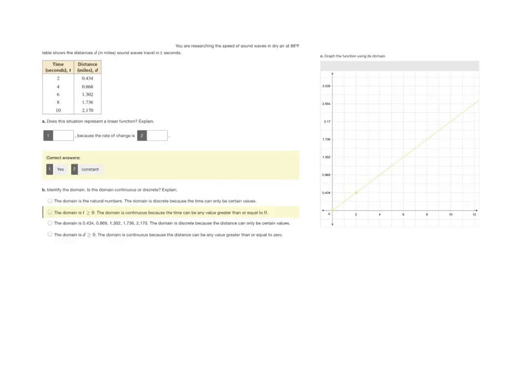Alright, I think this is number 37. You are researching the speed of sound waves in dry air at 86 degrees Fahrenheit. The table shows the distance in miles the wave travels in t seconds. Okay? So this is an input, output. This is our x, y. Does the situation represent a linear function? Well, it looks like it does if you look at the graph.